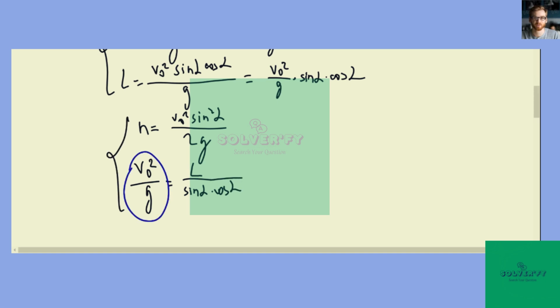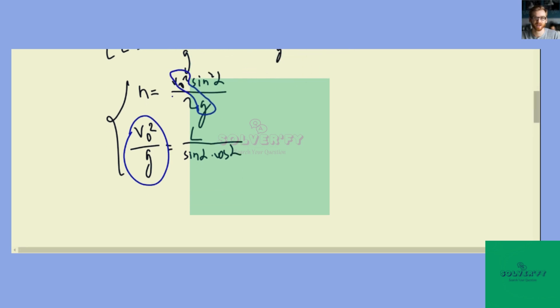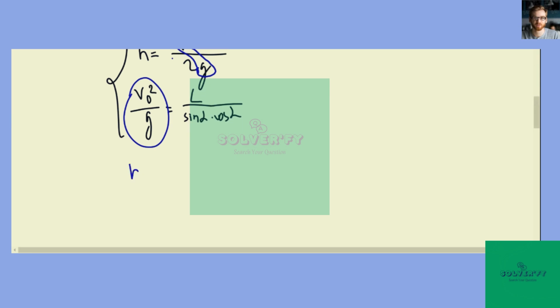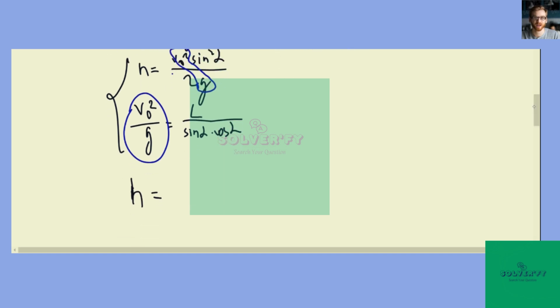Now let's substitute this guy with this expression. So then h equals sine squared alpha over 2, right, multiplied by v0 squared over g, which is L over sine alpha cosine alpha.